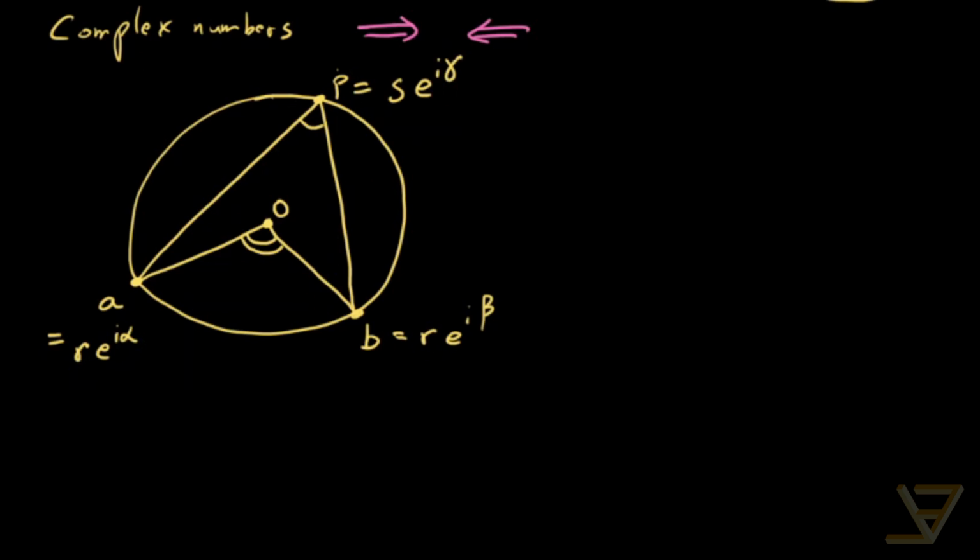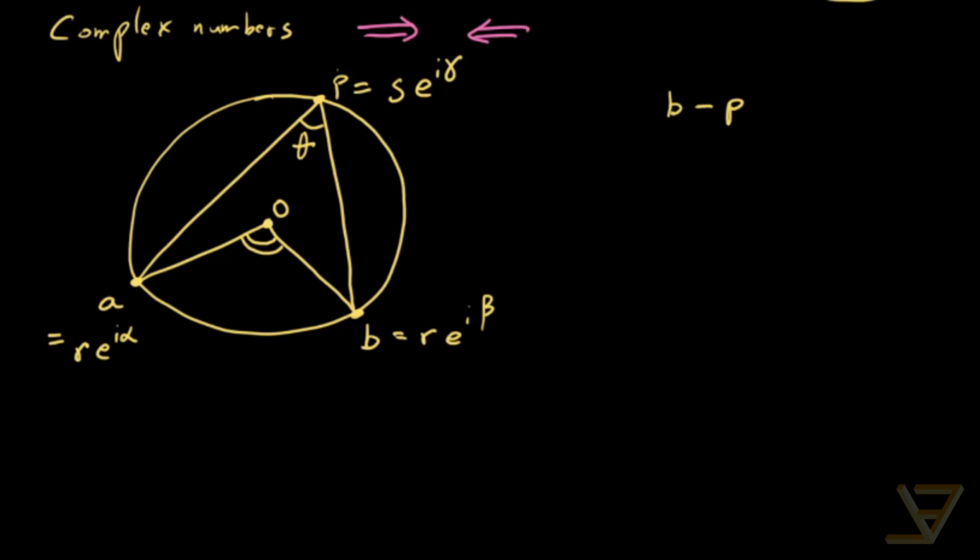And what we want to investigate is angle APB, which we're going to call theta. And notice that theta is equal to the argument of b minus p over a minus p.